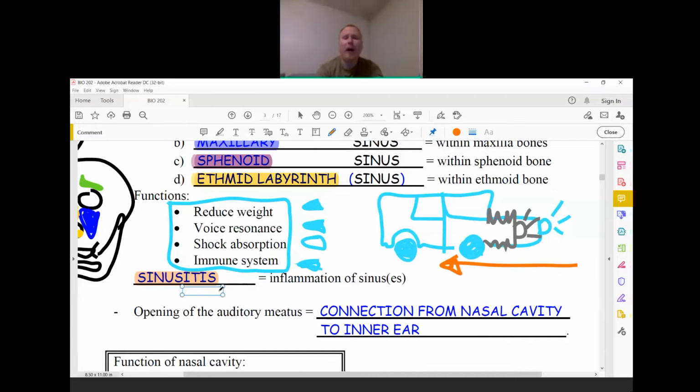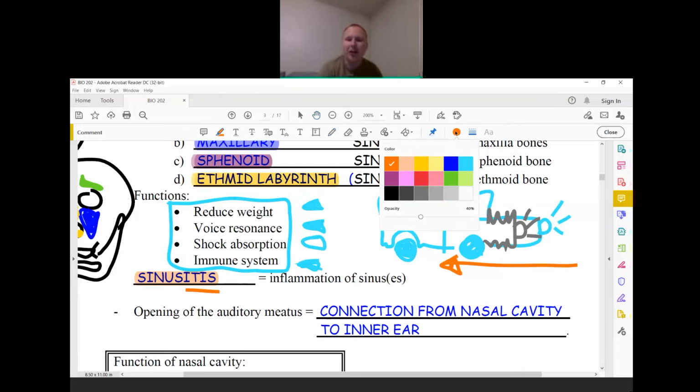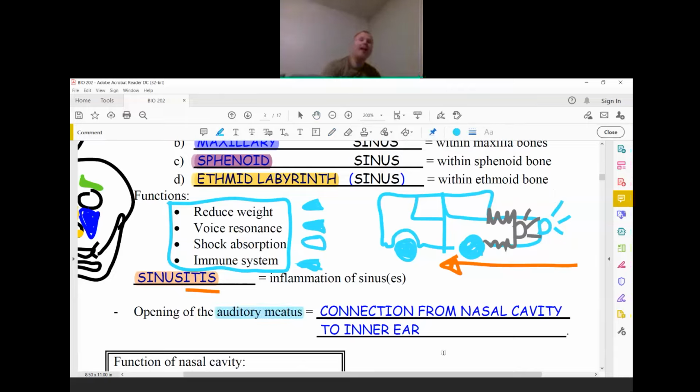Another thing I wanted to add quickly on our diagrams of structures to know is the opening of the auditory meatus. We find that within the nasal cavity as well, and that's a connection from the nasal cavity to the inner ear.